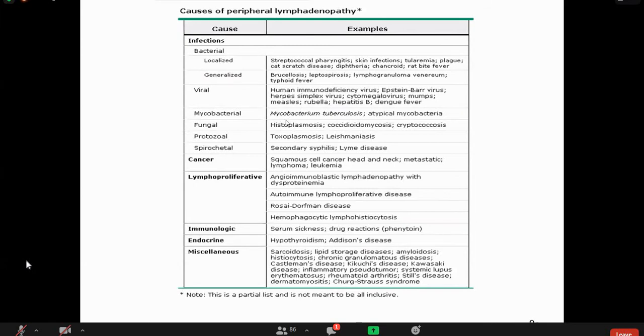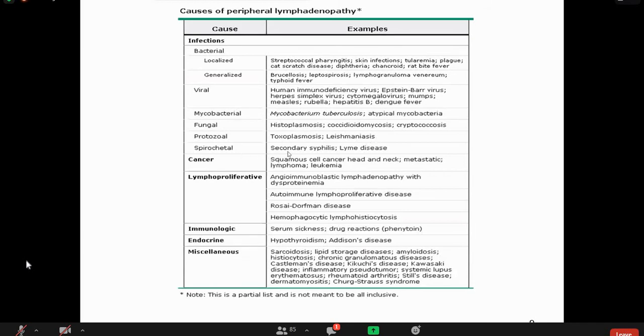So, the fungal causes responsible for lymphadenopathy are histoplasmosis, coccidioidomycosis, and cryptococcosis. Protozoal causes include toxoplasmosis and leishmaniasis. By the way, leishmaniasis is common in the Balochistan part of our country. It has a vector fly, which is very common and endemic in that part of the country.